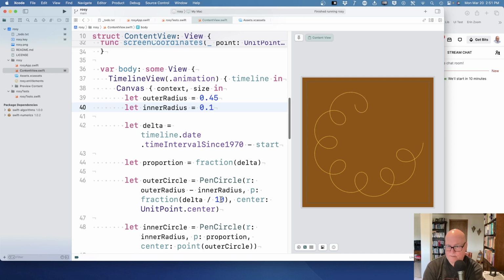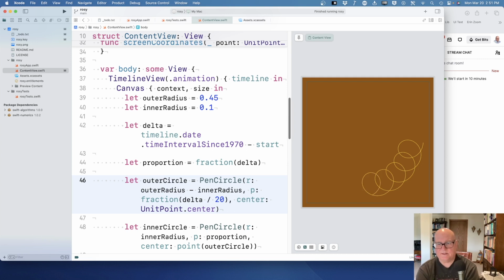They look a little better when they're overcrowded though, don't they? Okay, let's do 20. Yeah, then they overlap a little. I think that's nicer. Okay, and maybe 15.